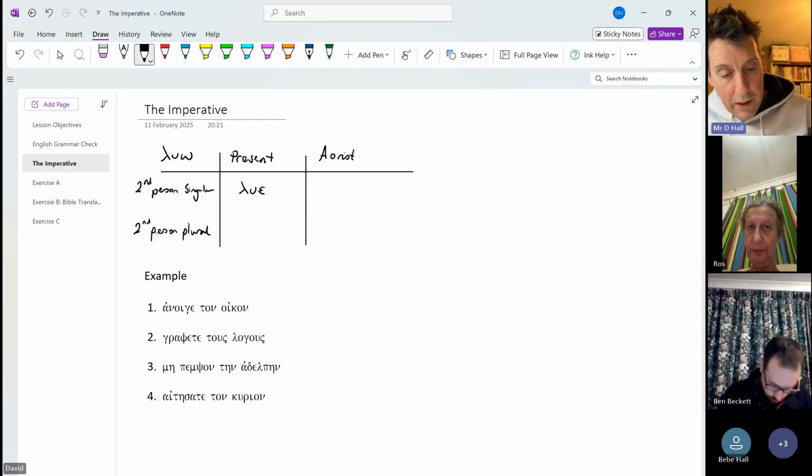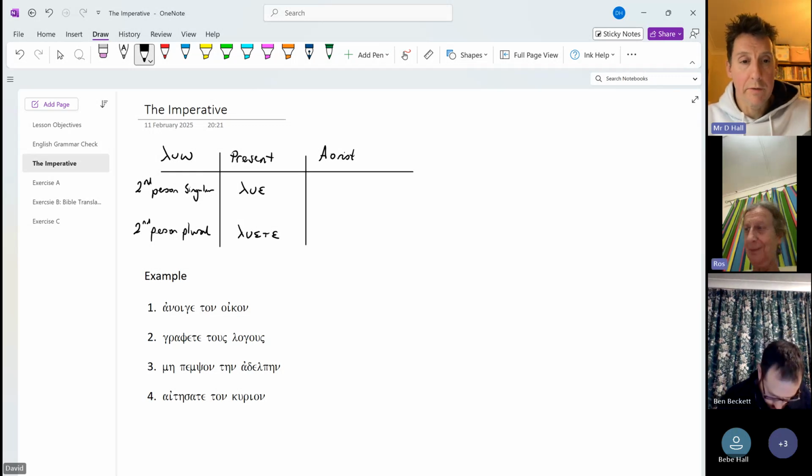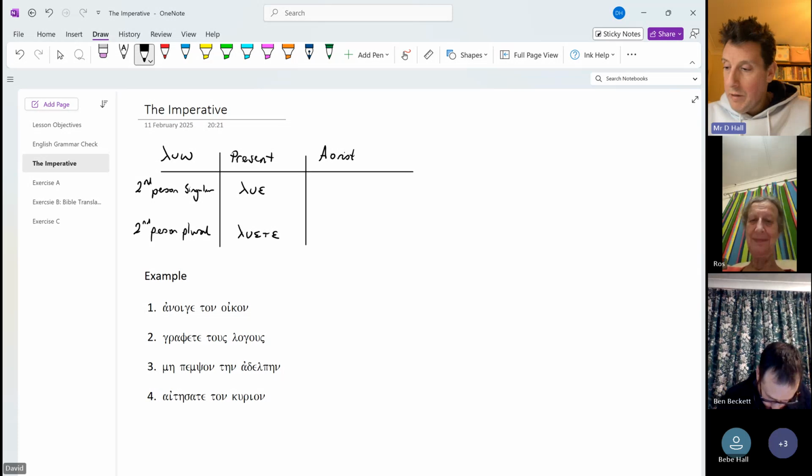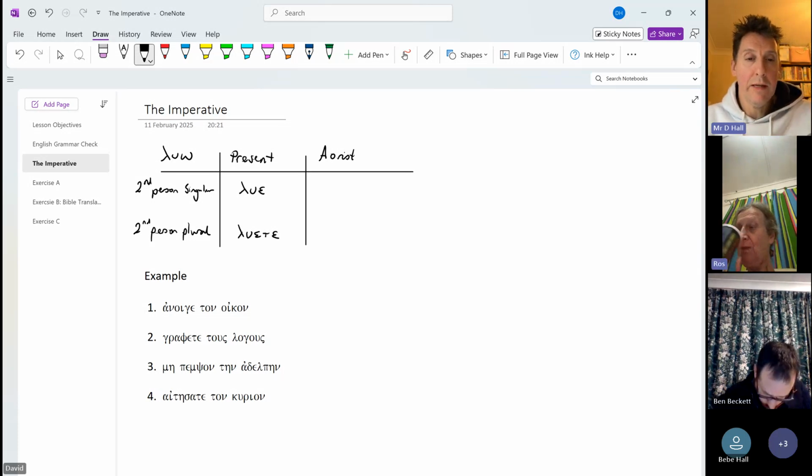And for the second person plural, it's luete. Now I'm hoping that when you look at that, you think I've seen that word before, and you have, okay, because it's identical to the present indicative second person plural. It's the same.